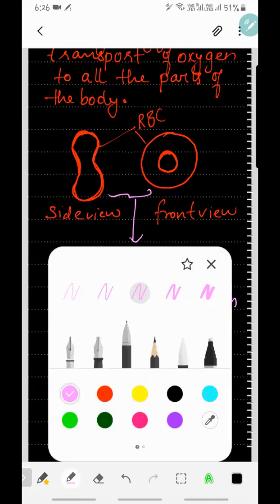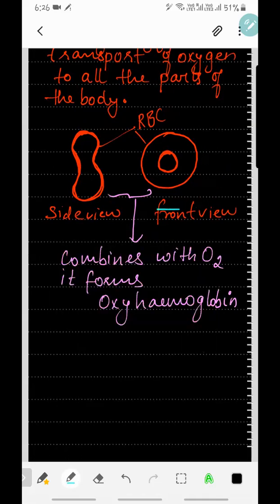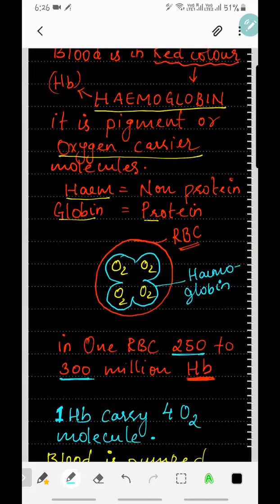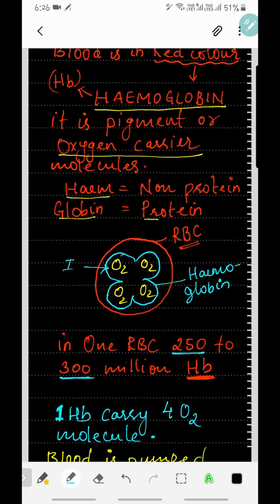So let me put oxygen here. How many oxygen does one hemoglobin carry? 4 oxygen: first, second, third, fourth. But don't think that one RBC carries 4 oxygen. One RBC has 250 hemoglobin, so 250 into 4, that much oxygen. Clear?